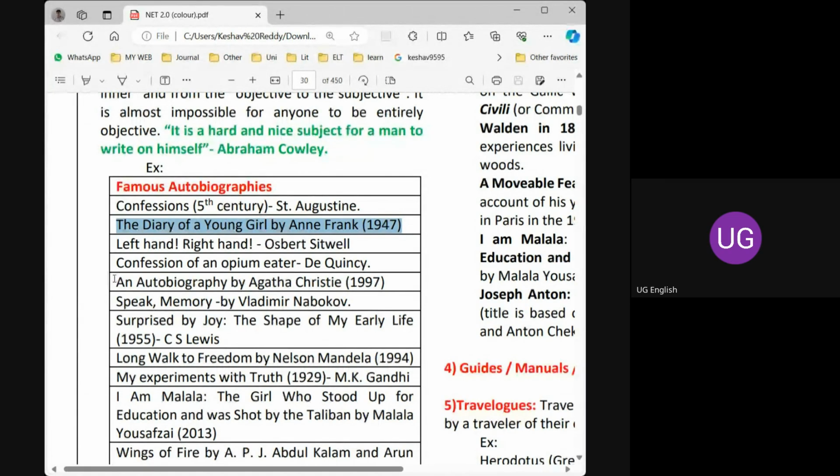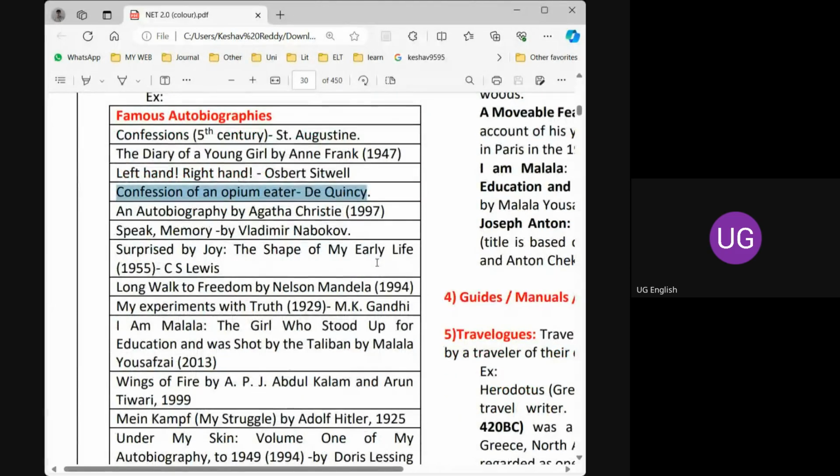This is a very important, frequently asked question in examination: Confessions of an Opium Eater. Opium is a drug. Thomas De Quincey was addicted to it, and in this book he has made some confessions about his own life, very important. Autobiography of Agatha Christie, very important.